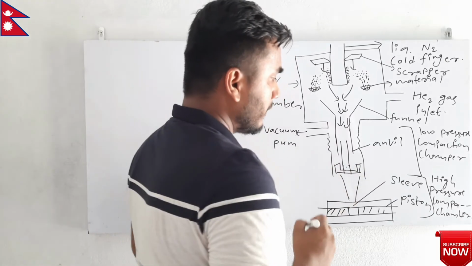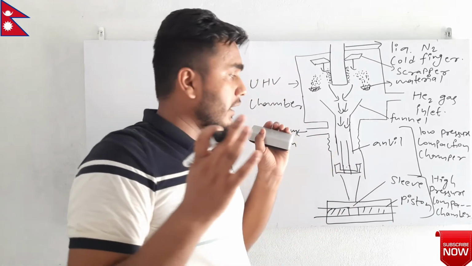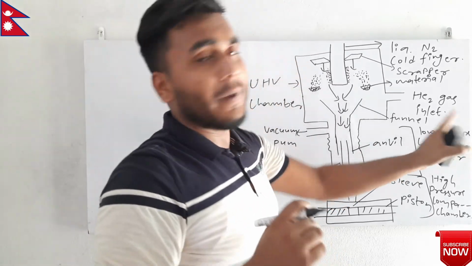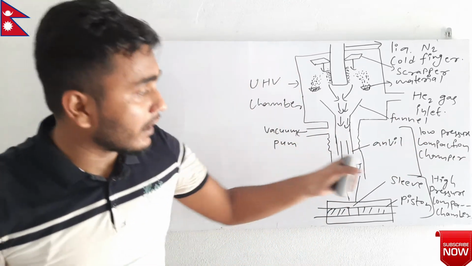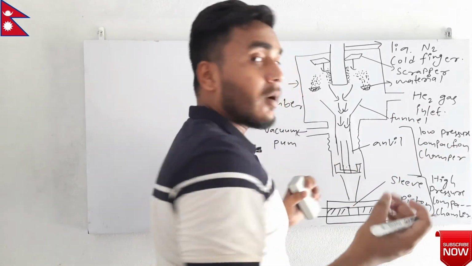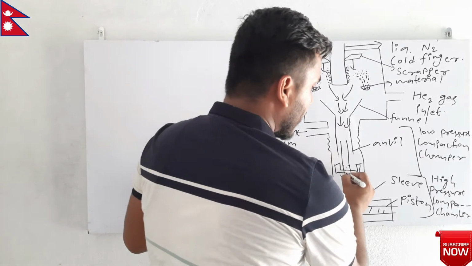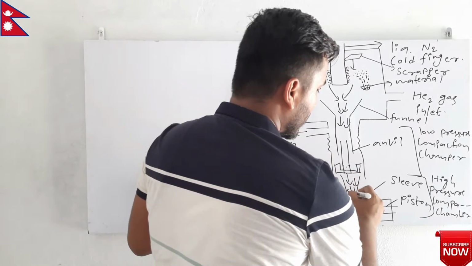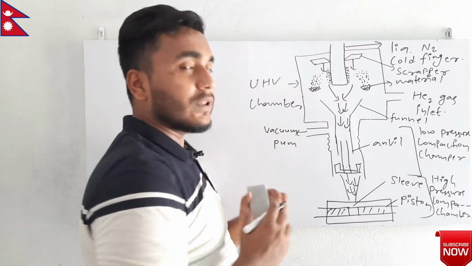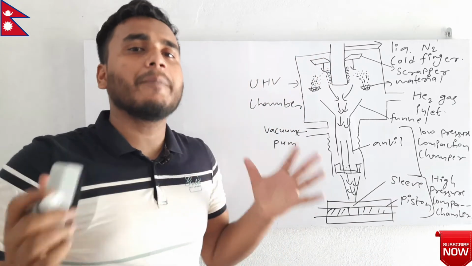Here in the anvil, they are pressed by applying very low pressure, and due to that they form a bulk material, and after that they are again sent down to this piston area, that is the sleeve area, and here with the help of the piston they are pressed with high pressure.